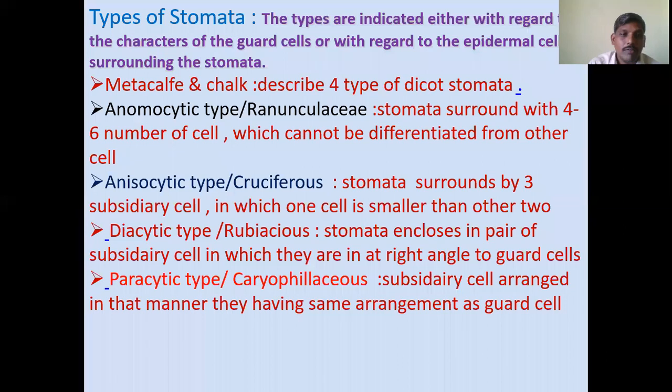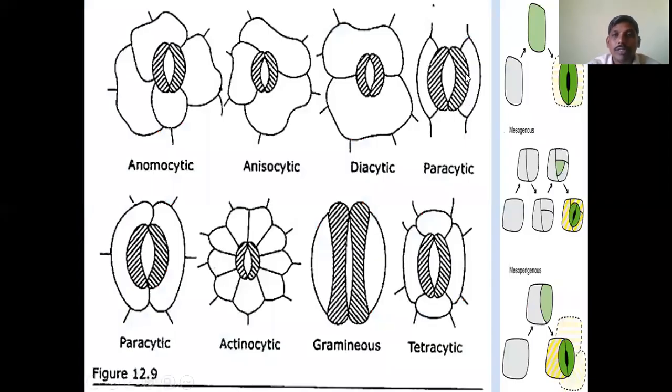And the fourth type is paracytic or caryophyllaceous type. Here in this stomata, the subsidiary cells have the same arrangement as the guard cells. Here also two subsidiary cells are there which are exactly parallel to the guard cells. See here, the arrangement of the two guard cells and two subsidiary cells parallel to the guard cells.